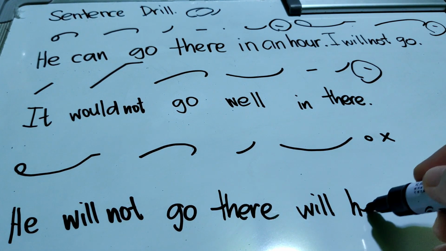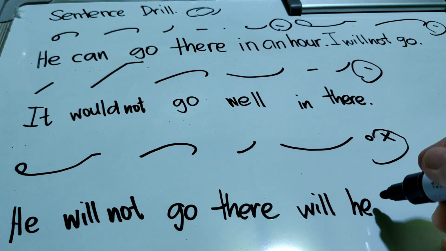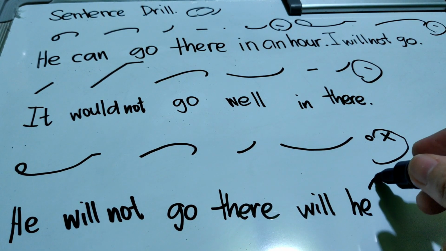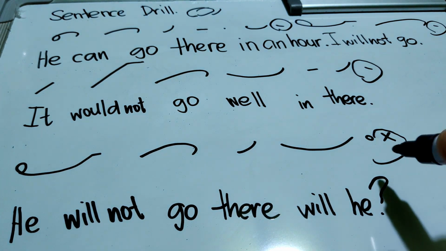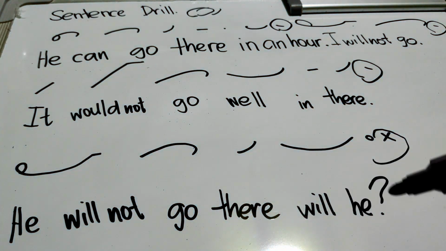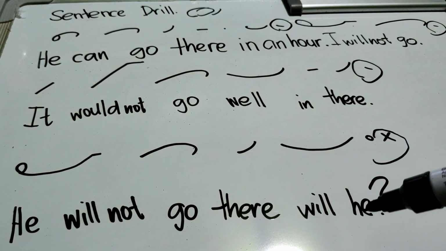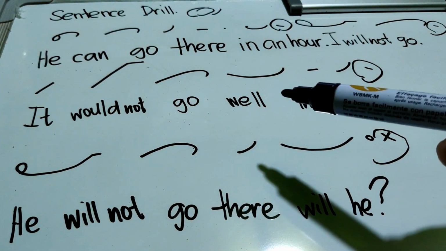So, he. And then, kanida yung X mark is ang atong punctuation nga interrogation, which is the question mark. So, he will not go there. Will he? So, you see, ayun na ang pag-transcribe sa mga stenography notes.